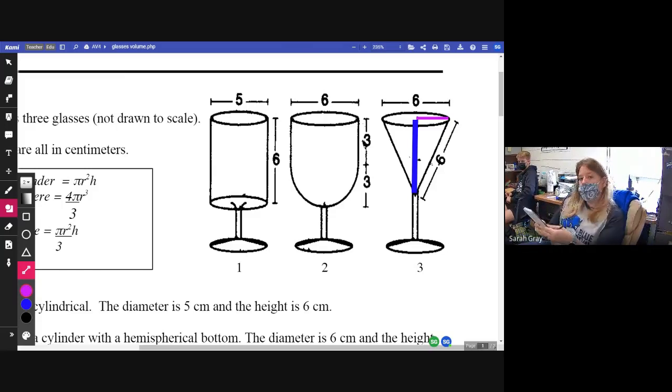Yes. 4/3 pi times radius cubed plus... Did you pass your flip on? Yeah. I didn't even think of that. I didn't do that. I can do something wrong.